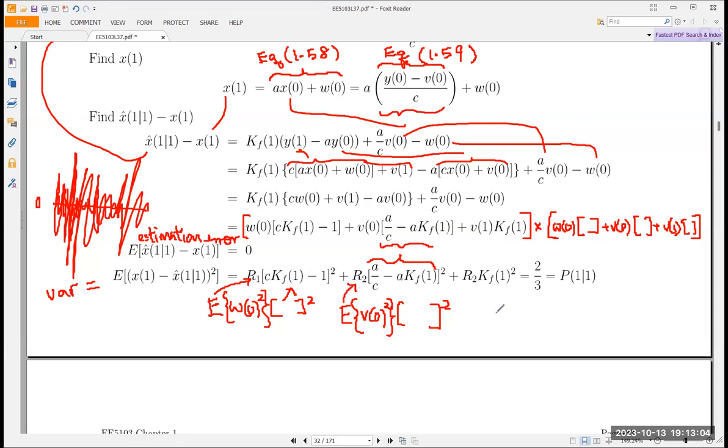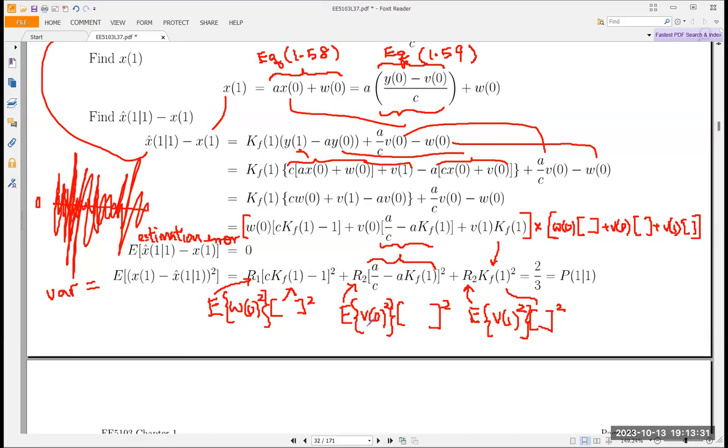Likewise, you square this one, which is the same as this. You get a V1 square, then you take the expectation. This expectation gives you R2 also.